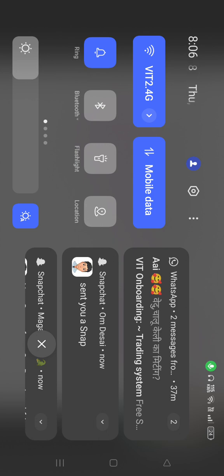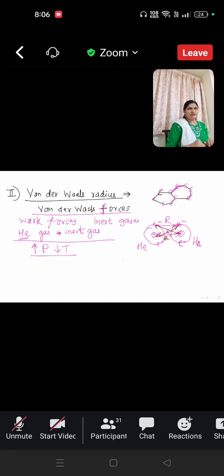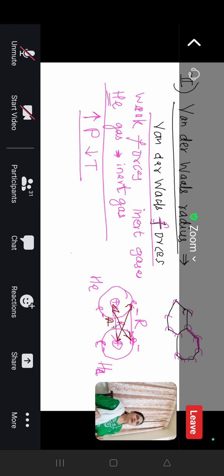So these are the attractive forces. Repulsive forces exist between electrons of two atoms. Repulsive forces exist between nuclei of two atoms. But attractive forces exist between the electron of one atom and the nucleus of the other, and vice versa.